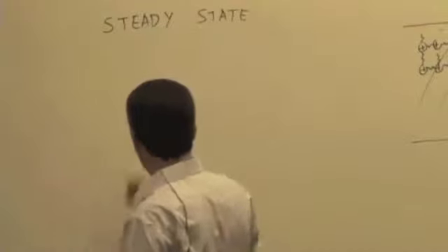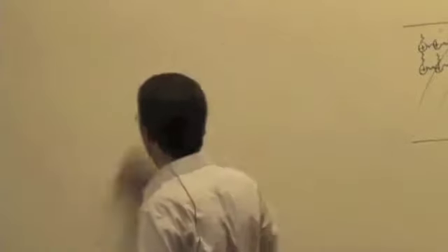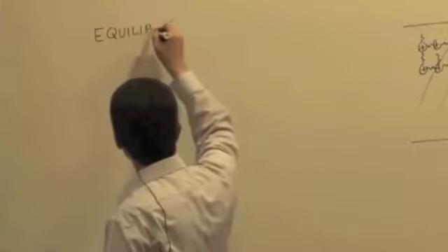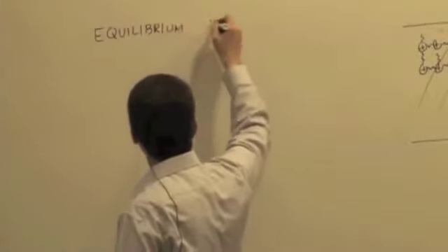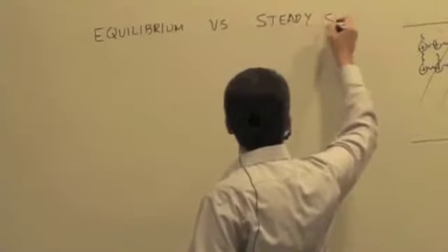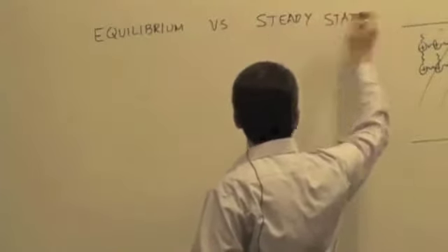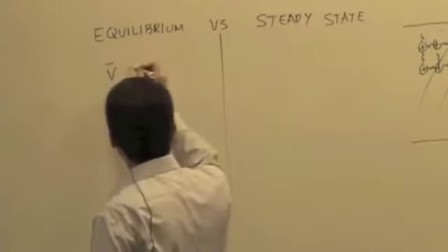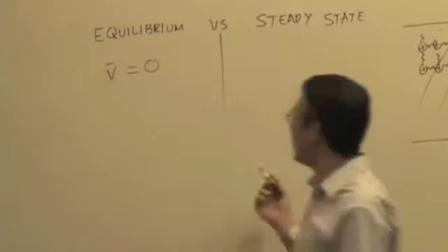Okay, in fact, let's contrast equilibrium versus steady state. So in equilibrium, by definition, the drift speed of the electrons is 0.